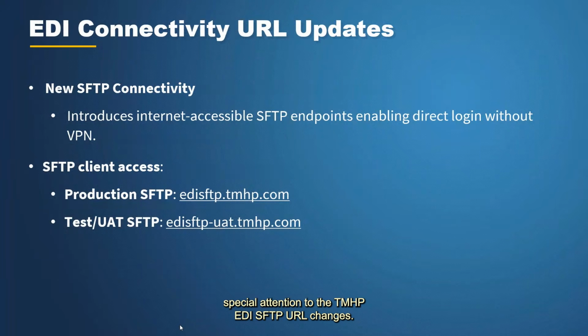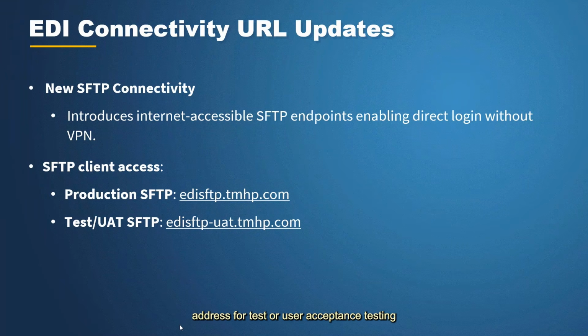Submitters will need to pay special attention to the TMHP EDI SFTP URL changes. The new SFTP EDI connectivity introduces Internet accessible SFTP endpoints that enable direct login without the need for a VPN. The new URL address for production EDI SFTP access is edi.sftp.tmhp.com.